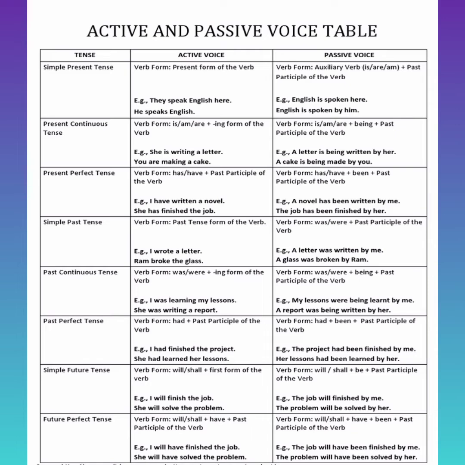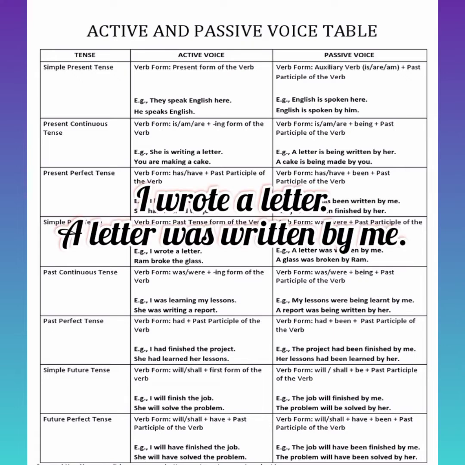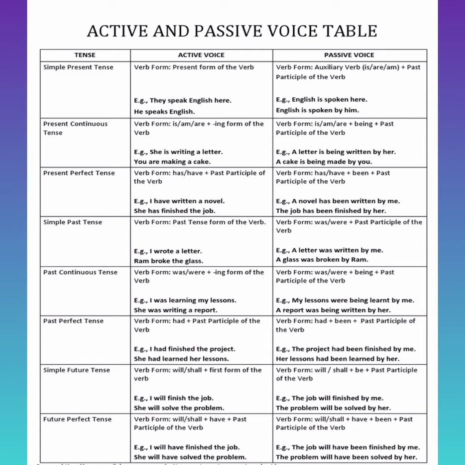A letter was written by me. Okay, so that is the change. Simple past becomes was, were plus the past participle of the verb. Now if it is past continuous, was or were plus the ing form is there, and it becomes was or were plus being plus past participle.